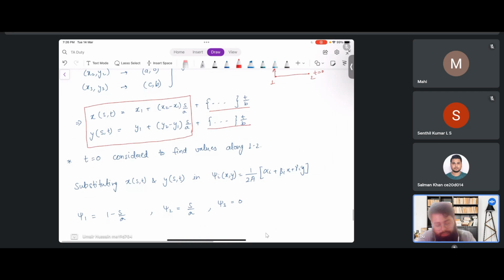So if you remember, we had already derived the approximation function for the triangular element, where alpha I, beta I, gamma I are known constants in terms of the coordinates of the triangle.